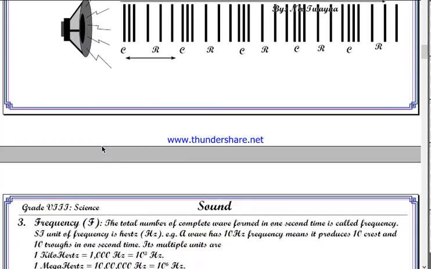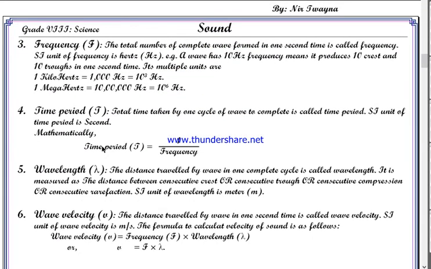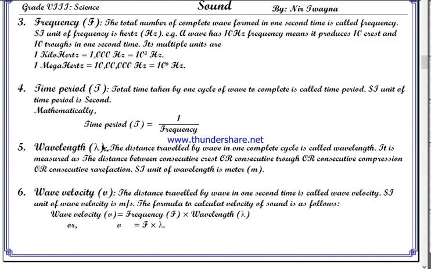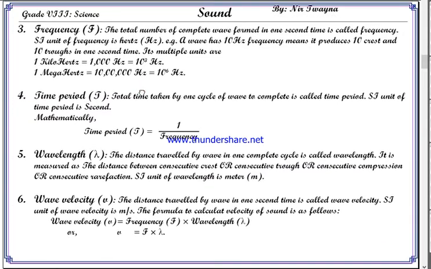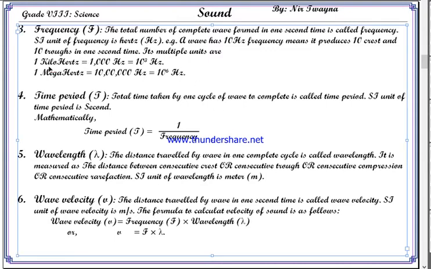If a particular source of sound produces 2000 complete waves in 1 second time, then its frequency would be 2000 hertz. 2000 complete waves means 2000 compressions and 2000 rarefactions. The larger unit of frequency is kilohertz. Kilo means 1000.